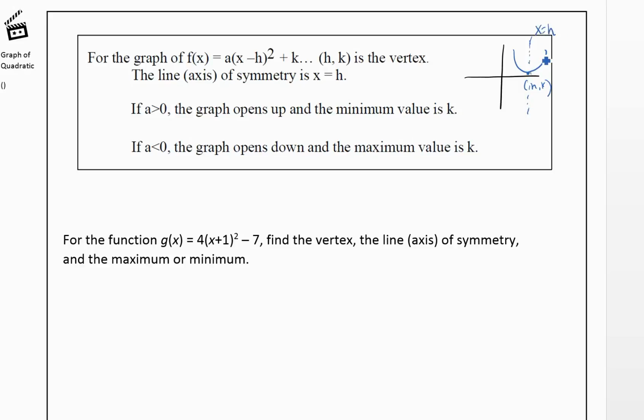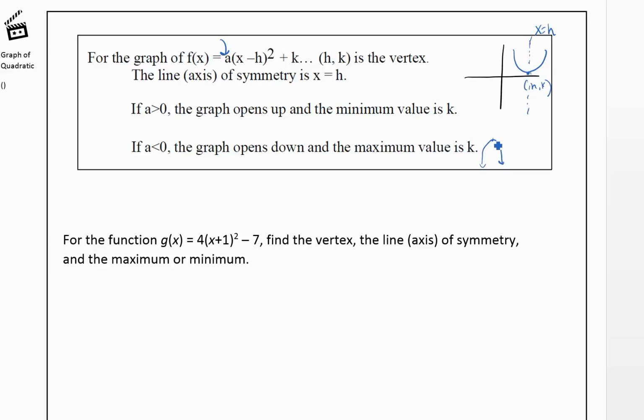Then by looking at the a value, the number out in front, whether it's in this form or ax squared plus bx plus c, if that's positive, you're opening up like this. And if a is negative, you'd be opening down like that. If we're opening up, we have a minimum value, and if we're opening down, this would be our maximum value.